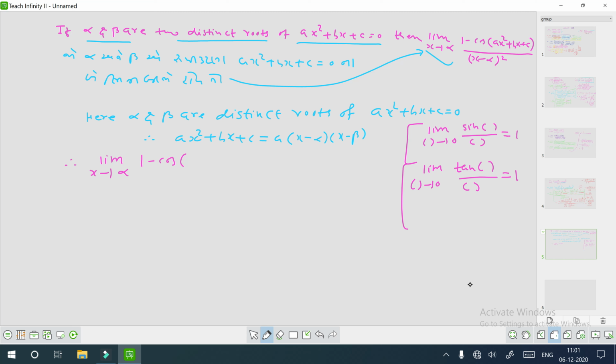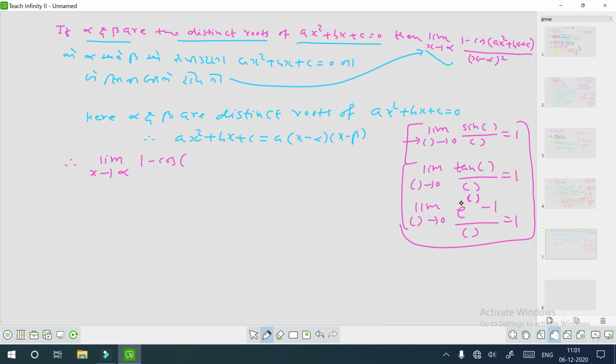Clear? Later on we are going to see this one also. Limit as some variable tends to 0, e raised to something minus 1 over something, that is also 1. These three standard forms of limits are there. Here I am going to use this one.